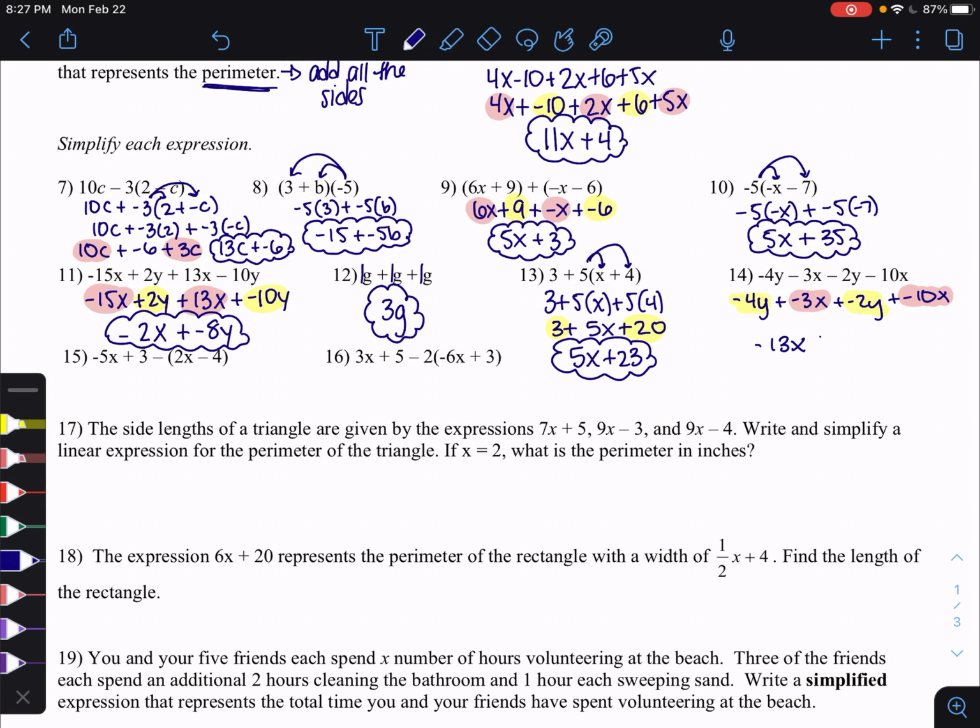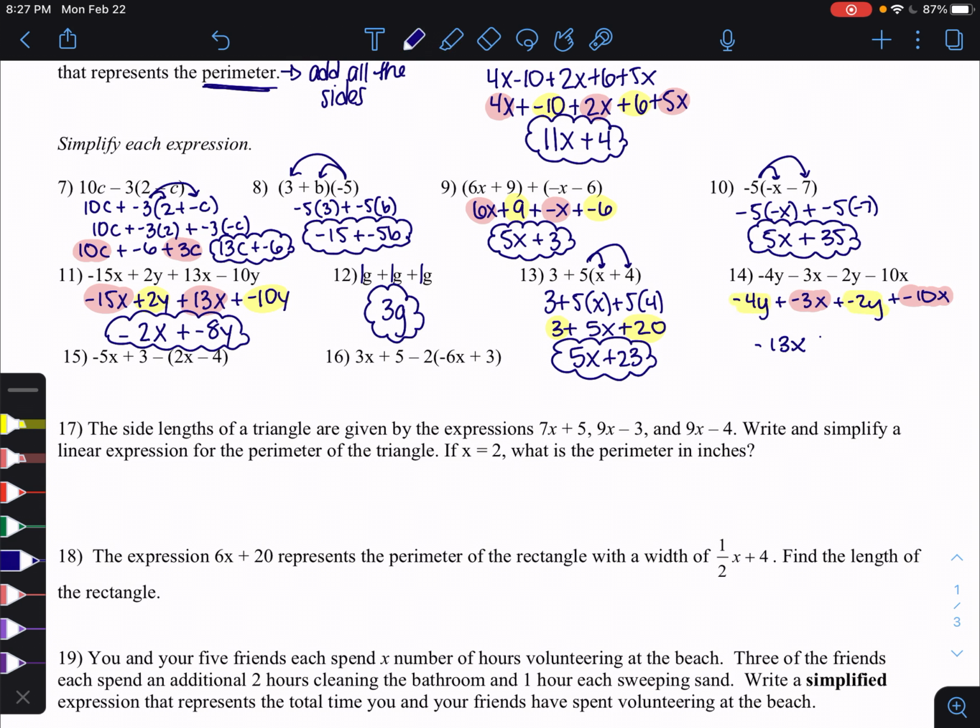Number 15. Getting ahead of myself. Number 15 says negative 5x plus 3 plus negative 1 times 2x plus negative 4. So I'm going to have negative 5x plus 3 plus negative 1 times 2x plus negative 1 times negative 4.